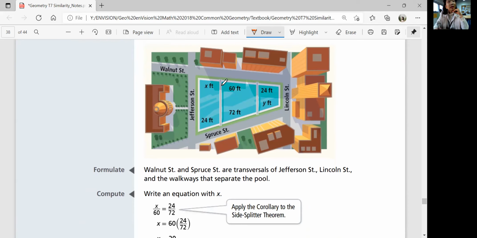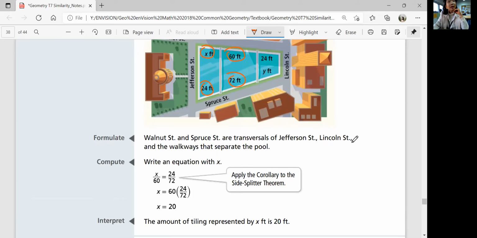So in order to find X, you want to use this segment 24, and you can use the one next to it, 60 and 72. So X over 60 must be equal to 24 over 72. Okay. That's the corollary to the side splitter theorem. And solve for X, X is 20. So the amount of tiling represented by X is 20 feet.